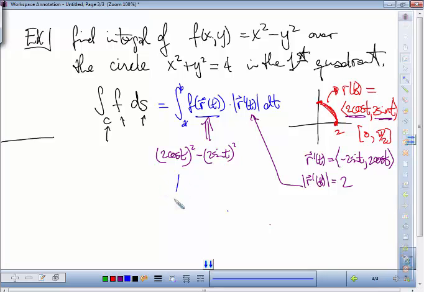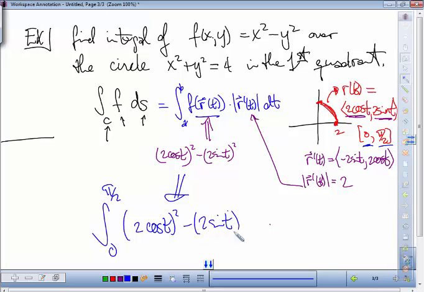So now we have an integral, and we've established our limits from a to b. That's 0 to pi over 2. Now we have our f function evaluated at the parameterization. So we've got 2 cosine t squared minus 2 sine t squared.